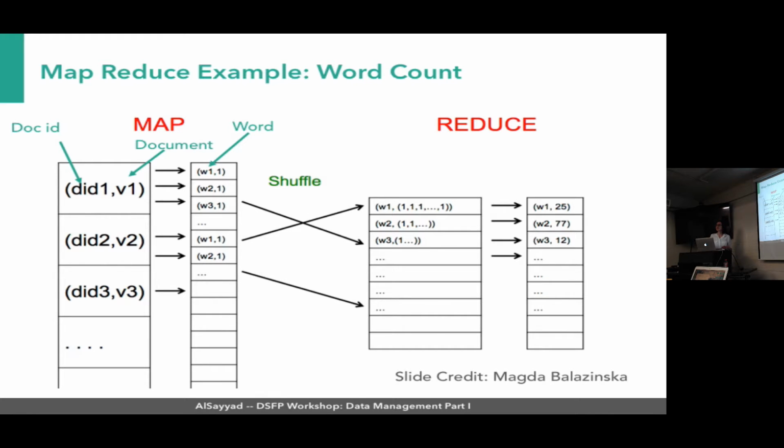Honestly, I don't understand the difference between the emit versus the return. Oh, so return would end the function, but a mapper can emit an unlimited number of key value pairs.